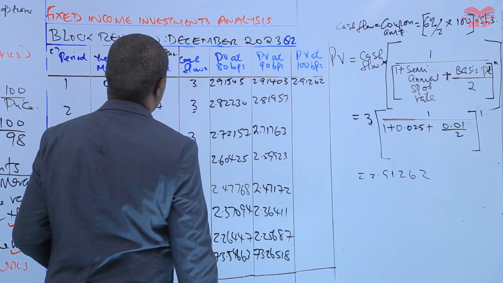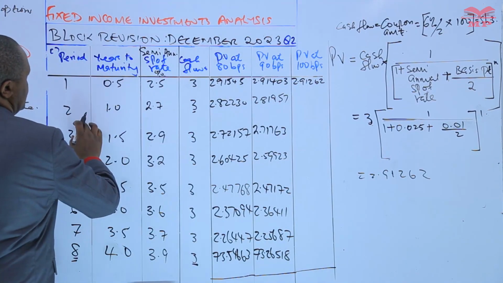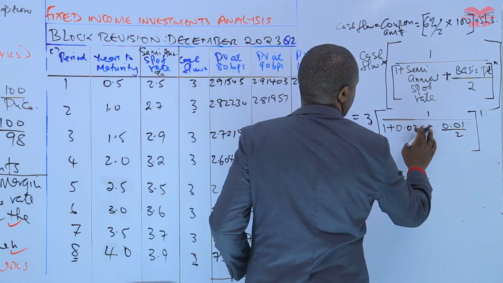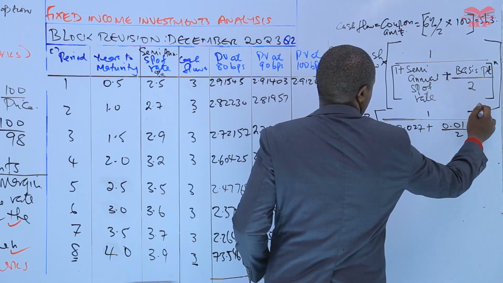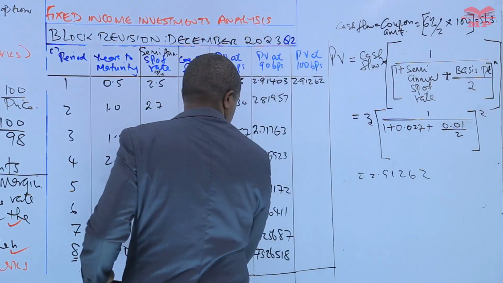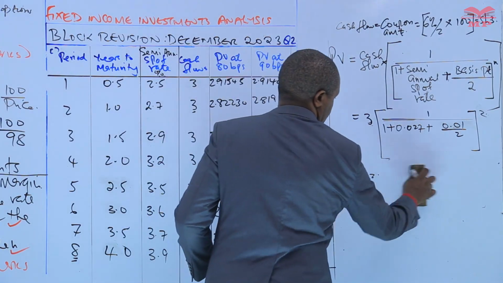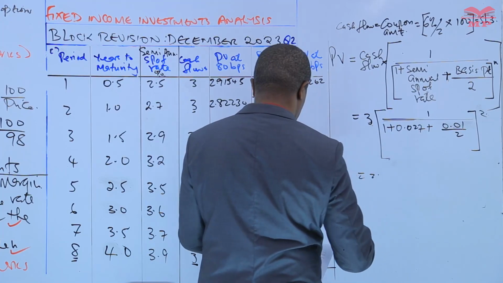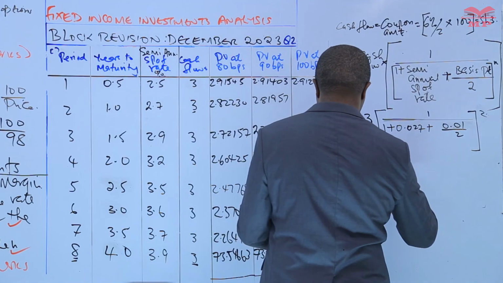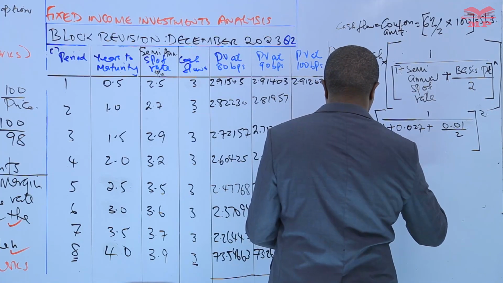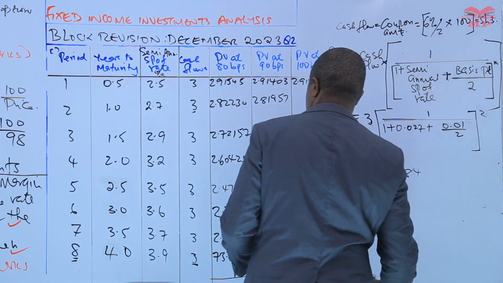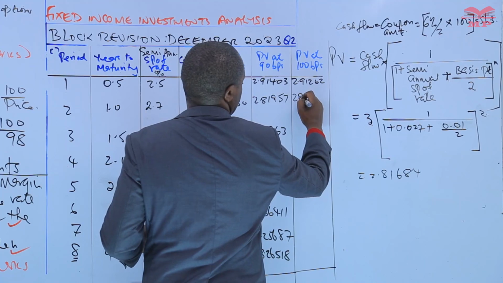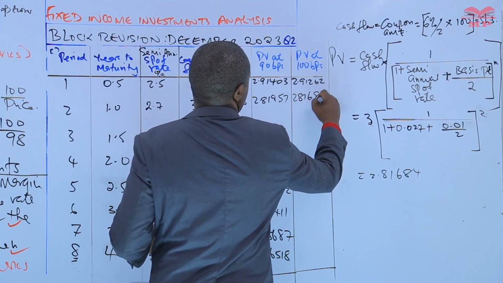Next is the semi-annual spot rate, 2.7%, second period: 2.81684.